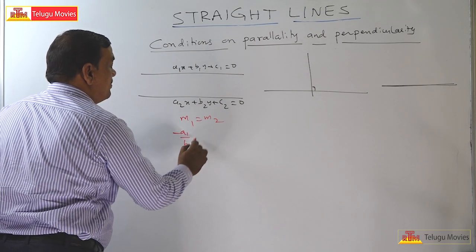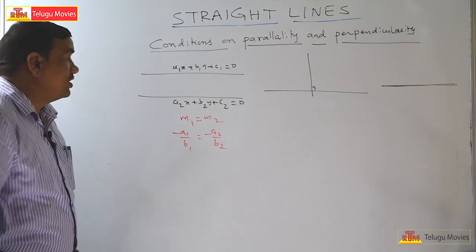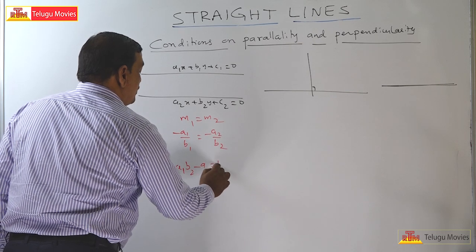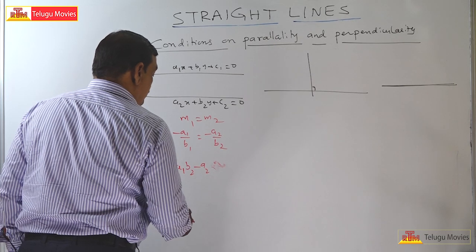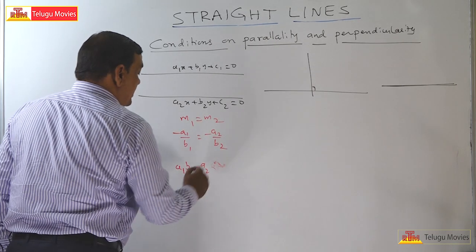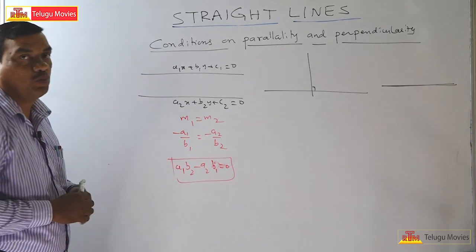Minus a1 upon b1, and this is minus a2 upon b2. You can cancel both the minus signs, that means a1 b2 minus a2 b1 is equal to 0. So, this is the condition.